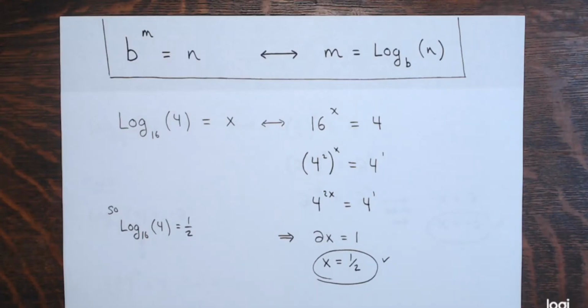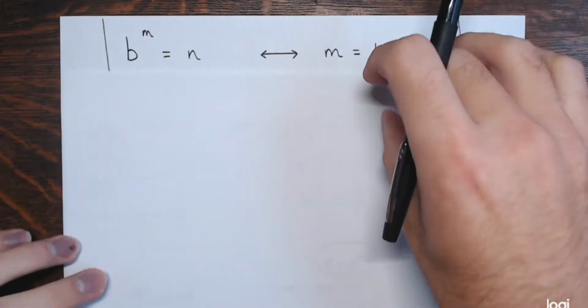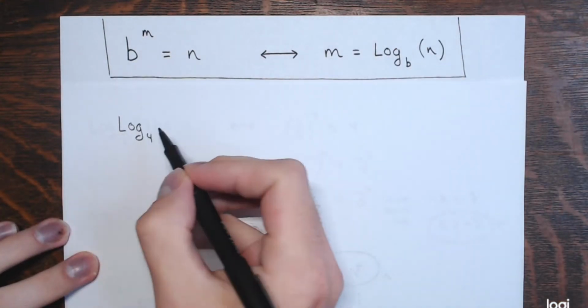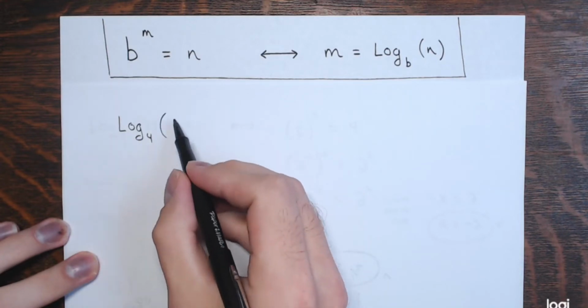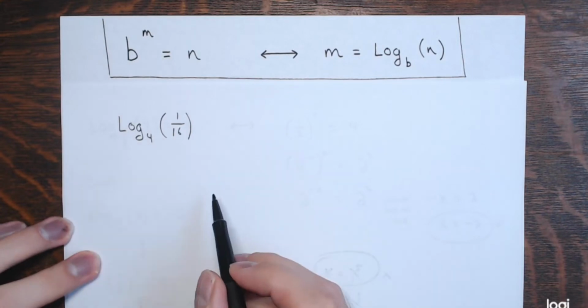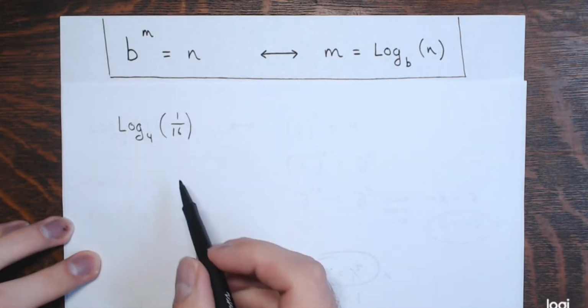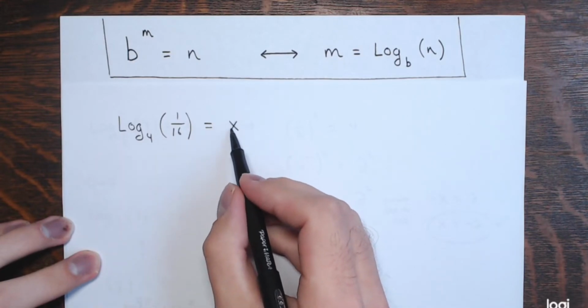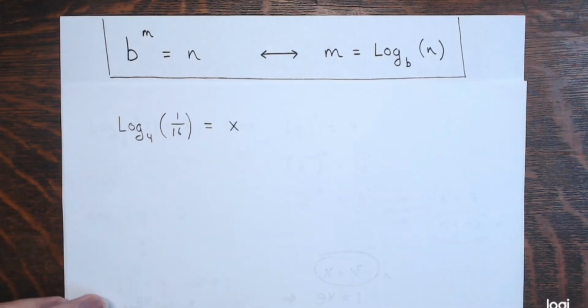So we're asked to find the log base 4 of 1/16. Now say I didn't know that this was -2. Say I don't know what this is off the top of my head. Well, then I'll say it's unknown. I don't know what it is, so I'll call it x.